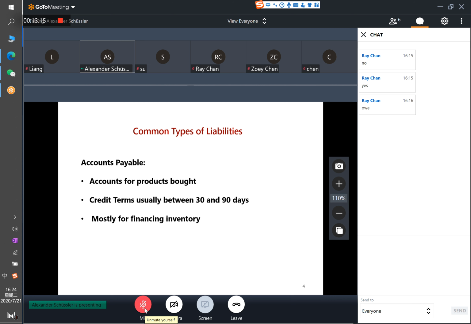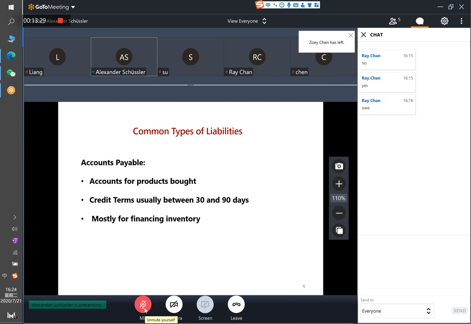So now we come to certain types of liabilities. One we already talked about shortly is accounts payable. Accounts payable is when you buy a product and do not pay immediately.